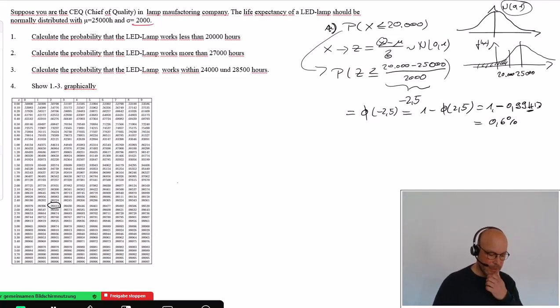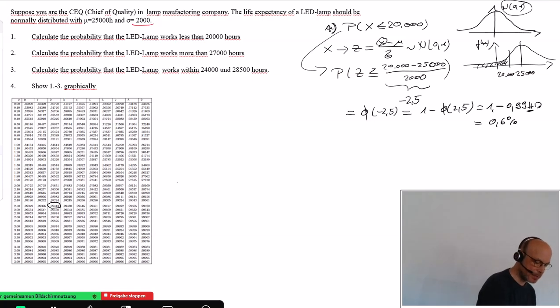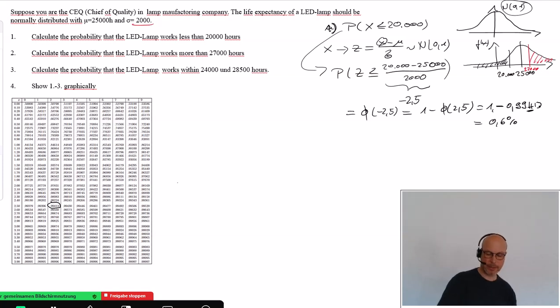Then working more than 27,000. Well, this then just would mean we want to calculate this. Well, within the table, we are going up from this to this.